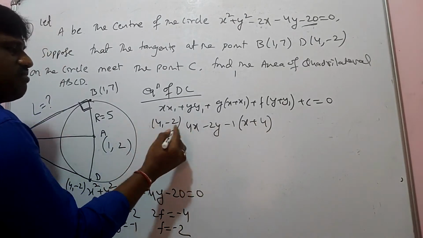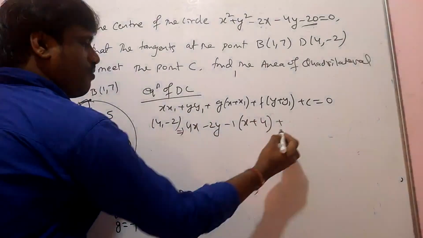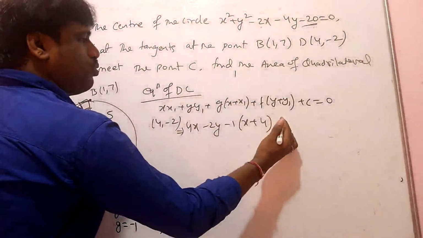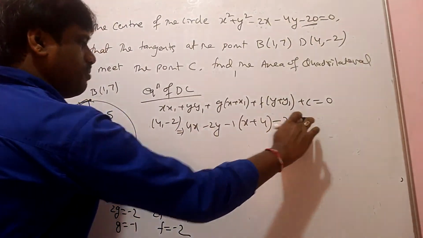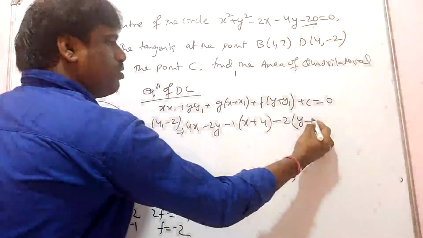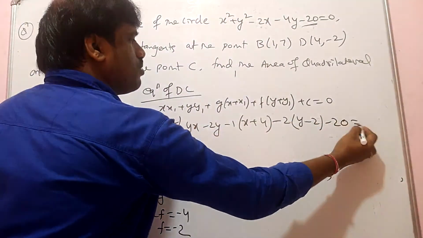I am just substituting these values here, dear. So 4x minus 2y minus 1 x plus 4 plus y, y is minus 2, y plus y1, y1 is minus 2, plus c, c is minus 20, is equal to 0.